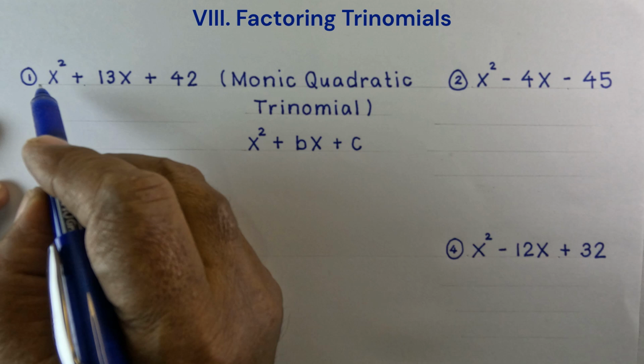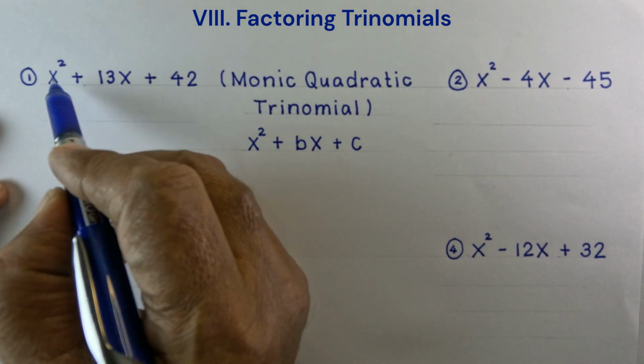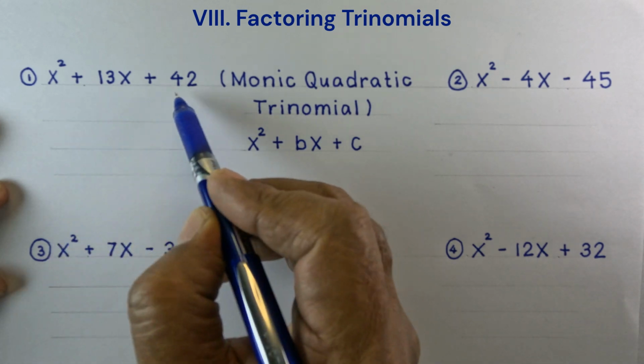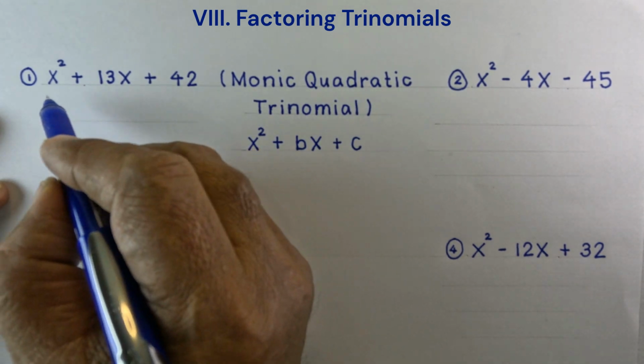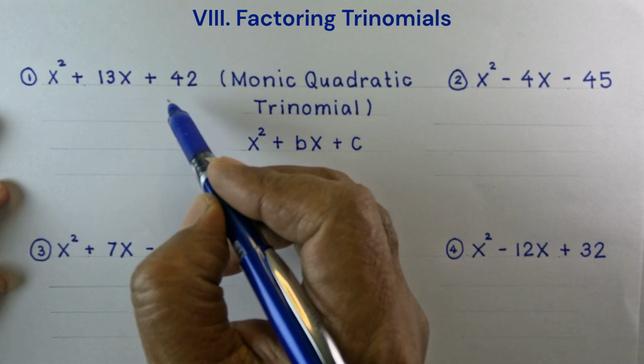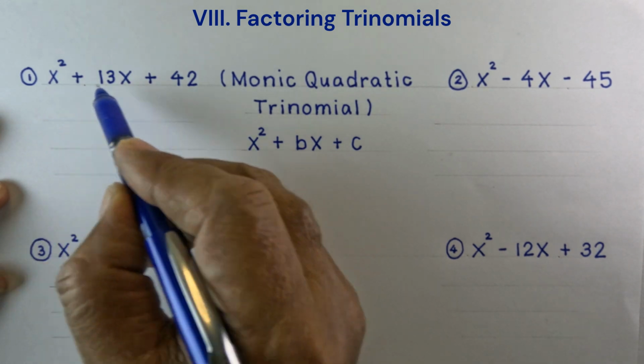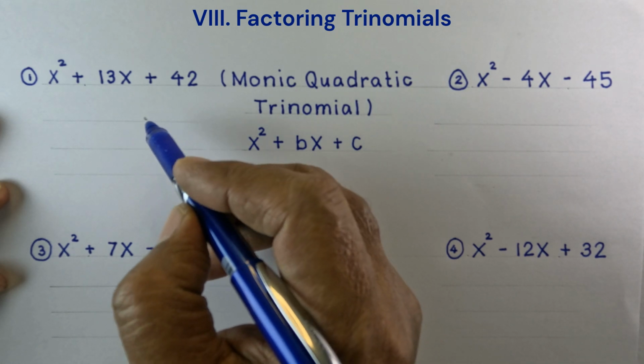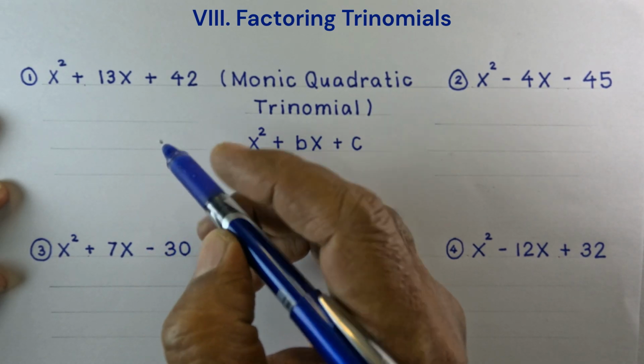Now let's factor this. x squared plus 13x plus 42. Now factoring a quadratic trinomial would result in the product of two binomial factors.